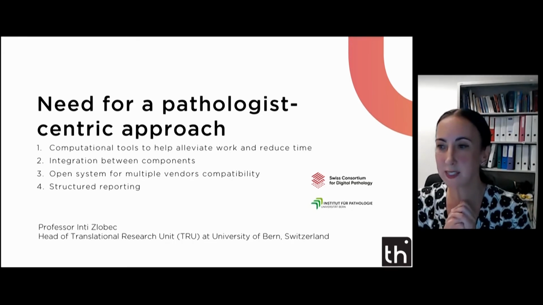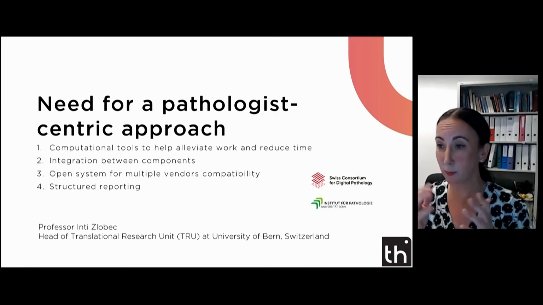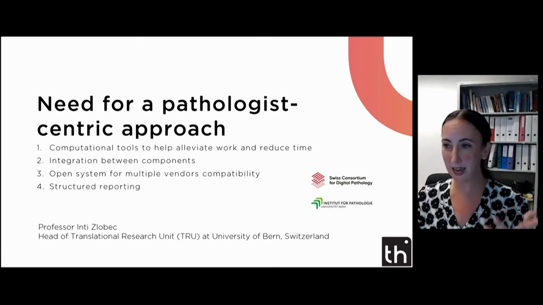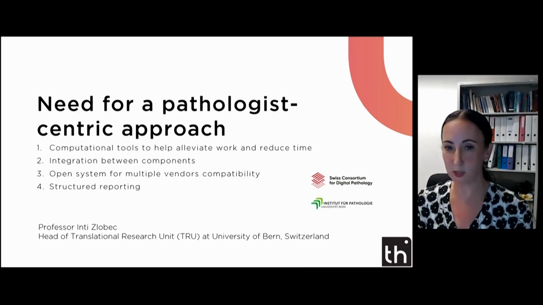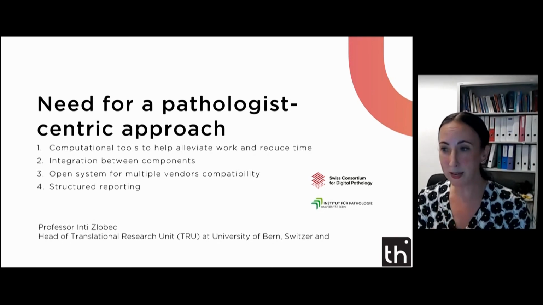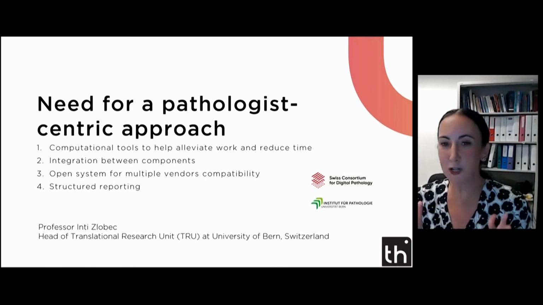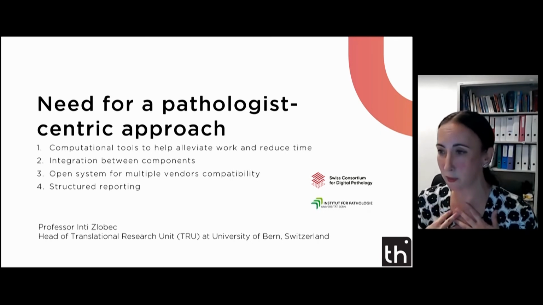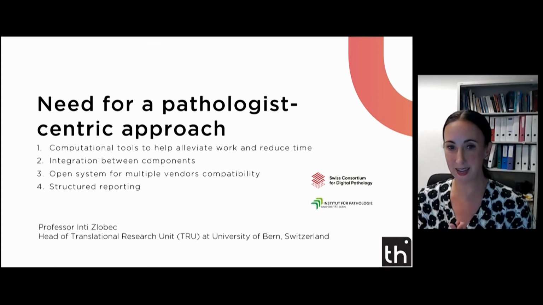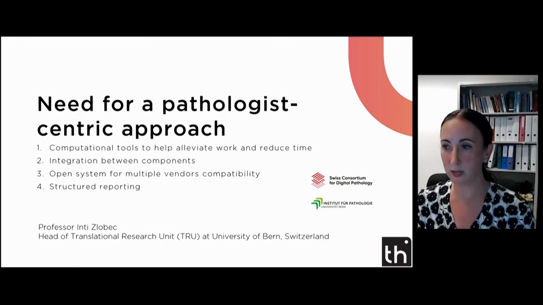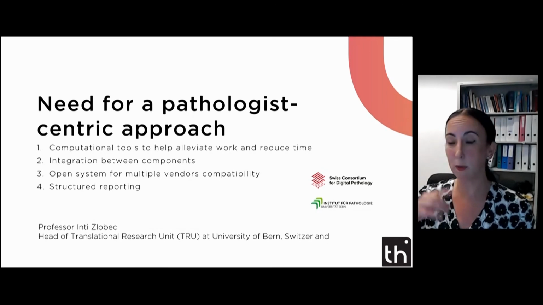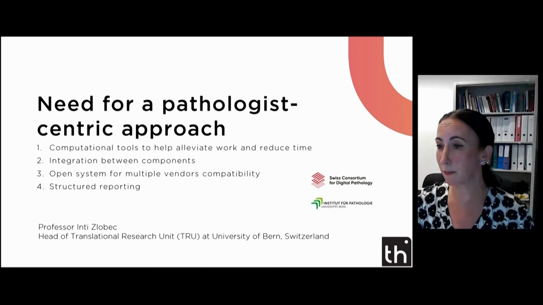And the final thing is structured reporting, which is something that someone else also mentioned, I think Professor Yang at the beginning, about finding our images once they are produced. It seems like something so basic, but a large majority of pathology institutes are still not working with structured reporting, including ours. So how do we even find the cases that fit certain criteria in order to continue our education, or even to bring out those images for development of AI algorithms?